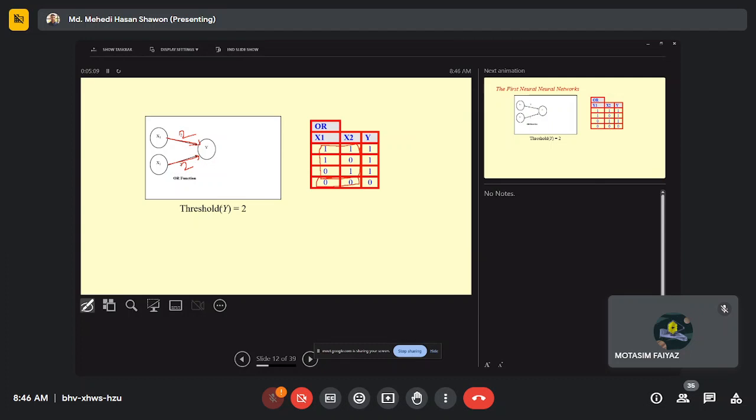So in this case, what would be the equation? x1 into 2 plus x2 into 2 equals what? It will depend on which combination you are choosing.